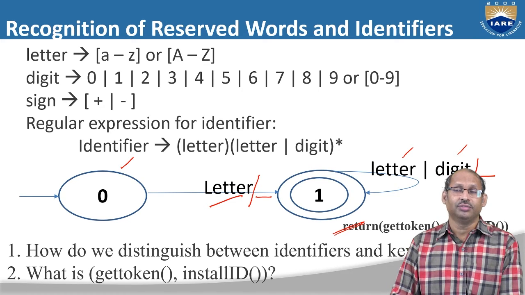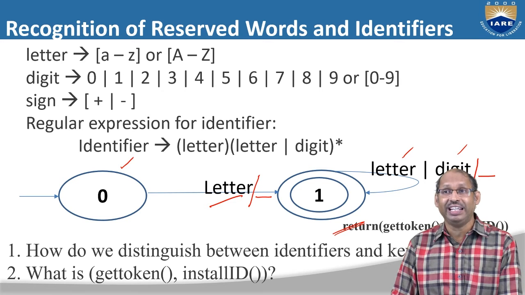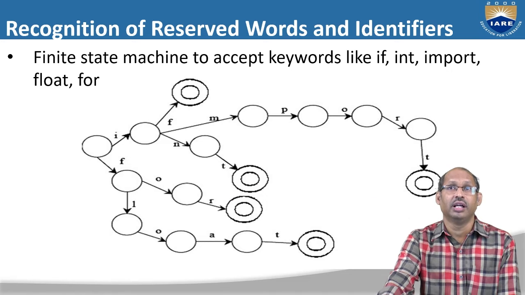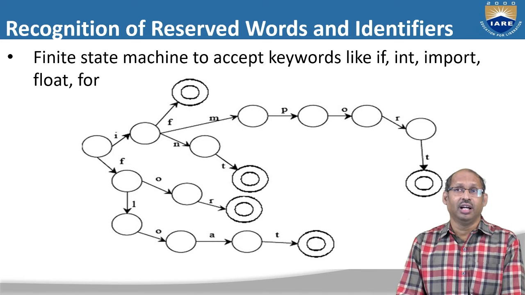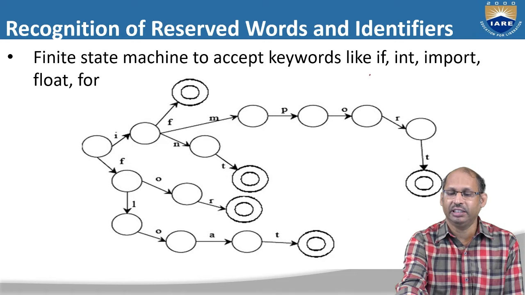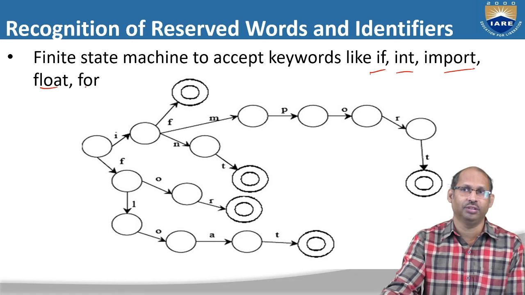So here, how to differentiate identifiers and keywords, right? Here is a transition diagram to accept the keywords int, if, import, float, for.